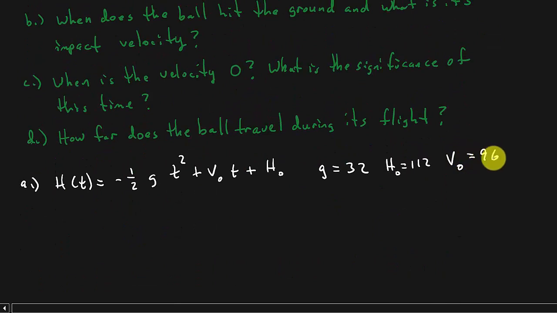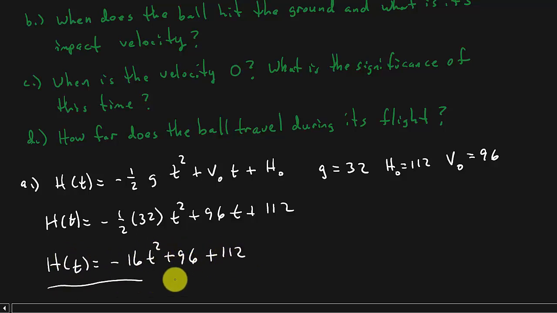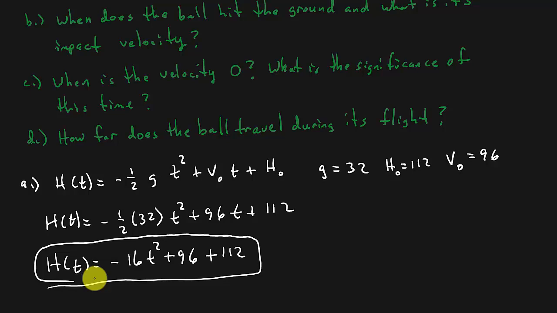So our h of t is equal to negative 1/2 times 32 times t squared plus 96 times t plus 112. So h of t is equal to negative 16 t squared plus 96t plus 112. That is your height. That's what we found when it asked us for the ball's height.